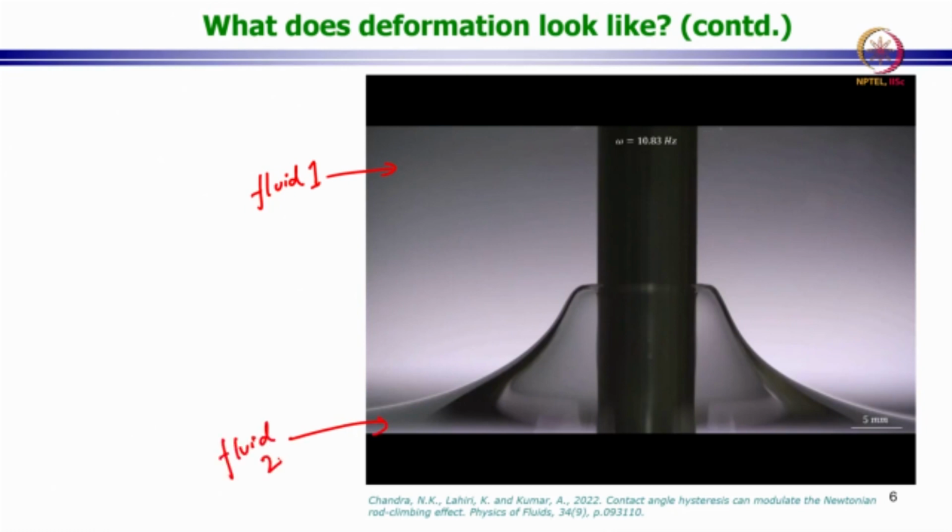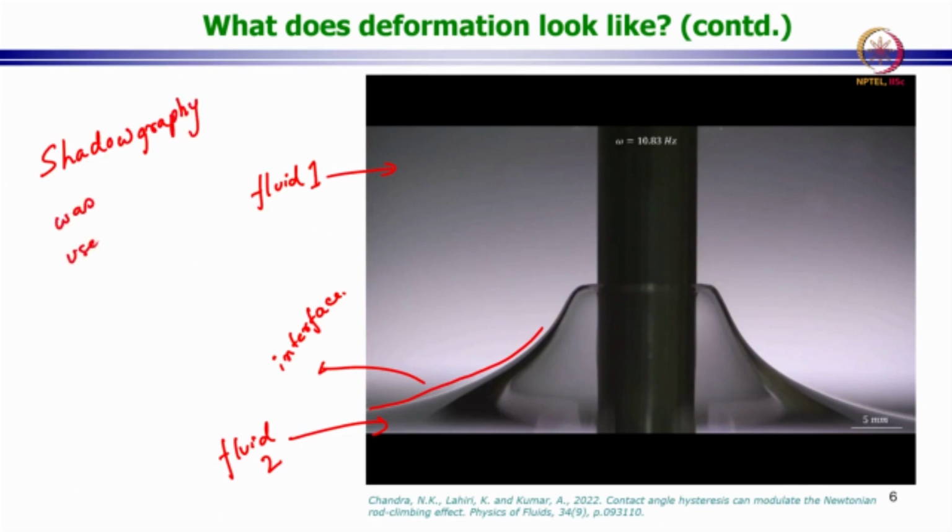Fluid 1 is lighter than fluid 2, so it's up, and this is the interface. This video is taken using a principle called shadowgraphy. Shadowgraphy was used, and I will play this video for you and quickly tell you what's happening.